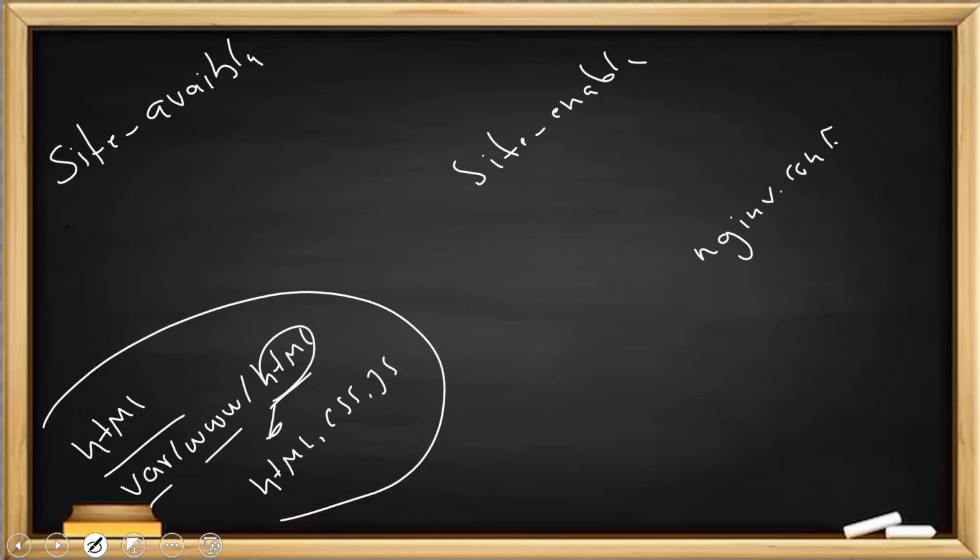Also, we have a directory inside /etc/nginx. Inside this directory, we have a directory sites-available. Inside sites-available, we have a default config file that you can change.